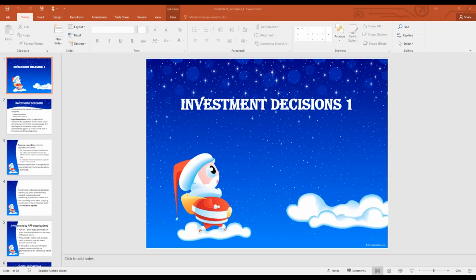So the key question we attempt to answer in this topic is: what are the different investment appraisal methods you can use, discussing the advantages and disadvantages of each one, and what are the criteria for making the decision?